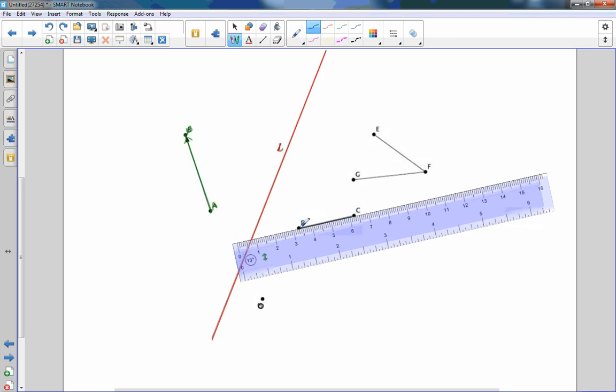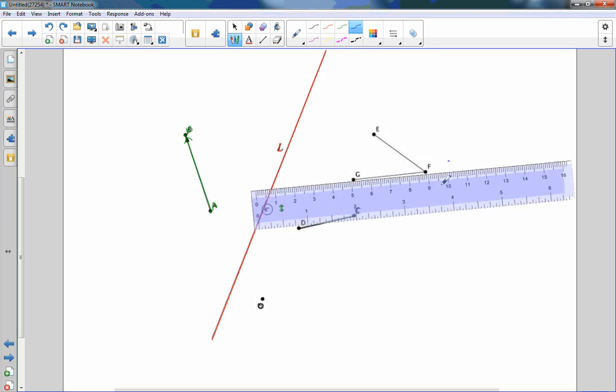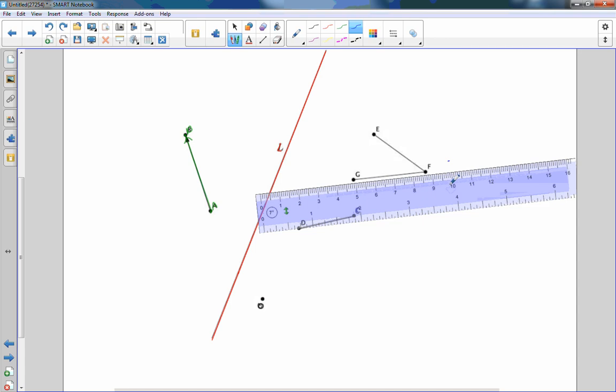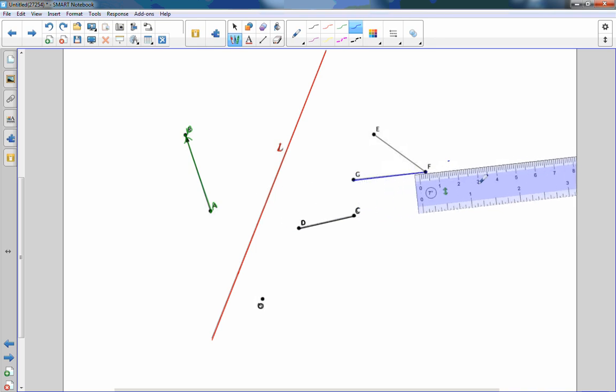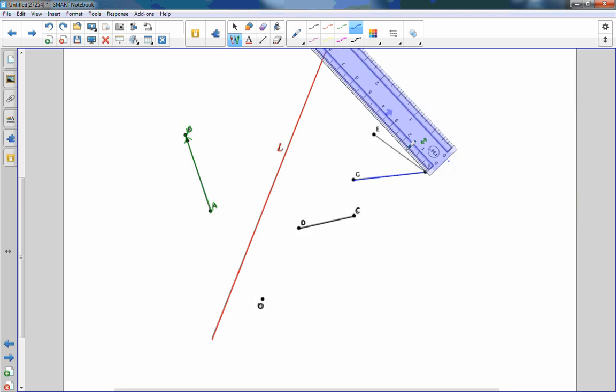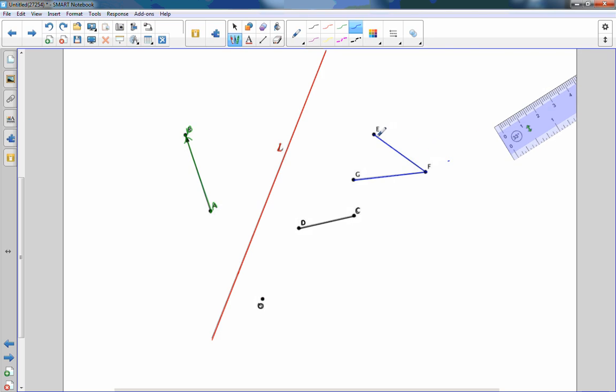Copying DC, and then finally the angle. Always attending to precision when we're doing this. Okay, now I'm going to group all of these.